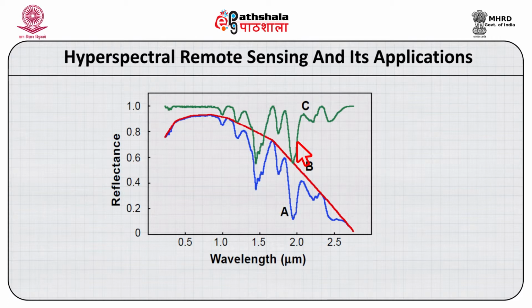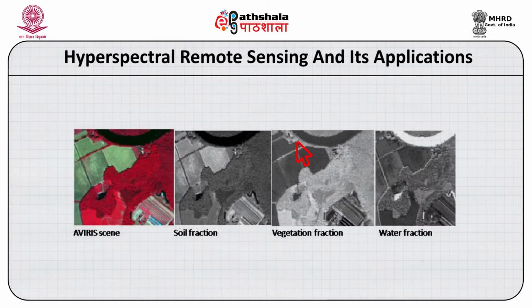Now, we have spectral unmixing. Since we are using n number of bands, there is a chance that features may mix. For that we have the linear unmixing technique. If you see figure 12, the scene on the left side is the AVIRIS scene, in the visible infrared region, and on the right side we have the soil fraction, the vegetation fraction, and the water fraction.